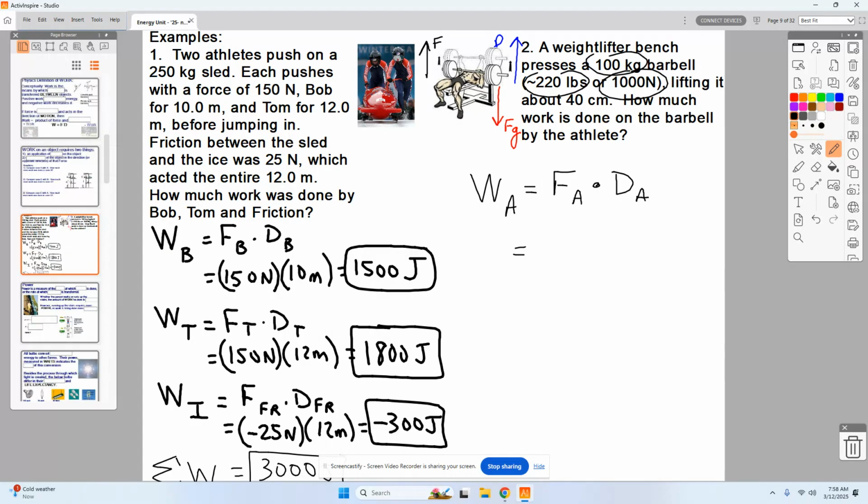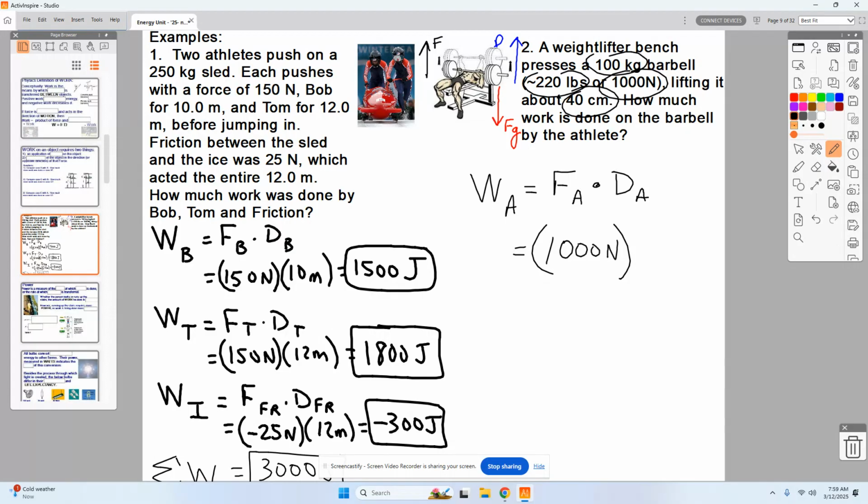It's a 100 kilogram dumbbell. It's about 220 pounds. How do I go from 100 kilograms to 1,000 newtons? If we say g is about 10 newtons per kilogram, then the force that he's exerting is about 1,000 newtons. Okay, 40 centimeters. If I want to have joules out of this, I have to put in the appropriate unit for that.